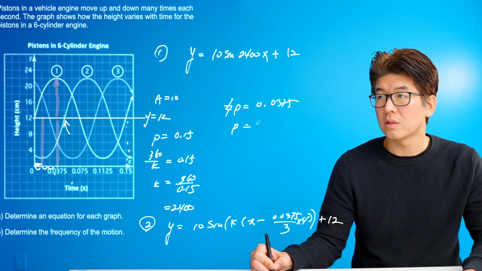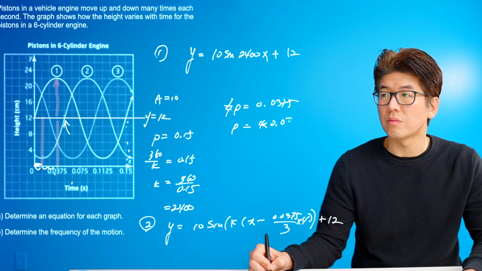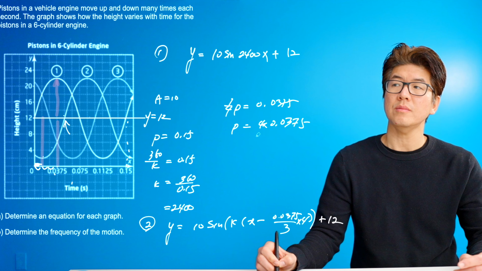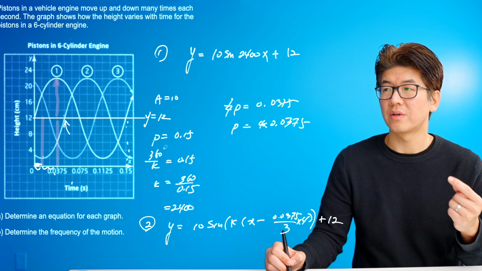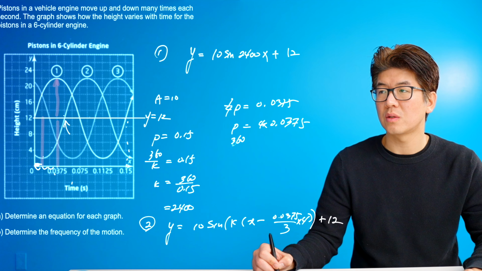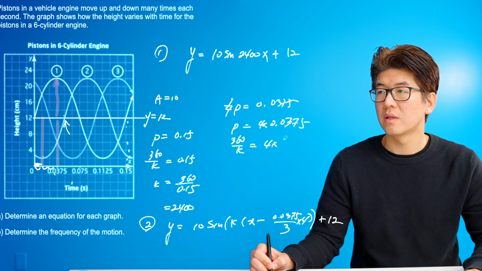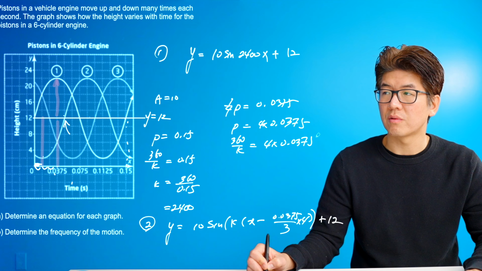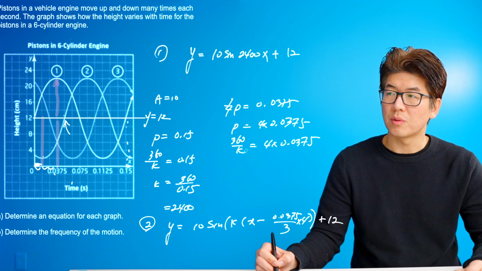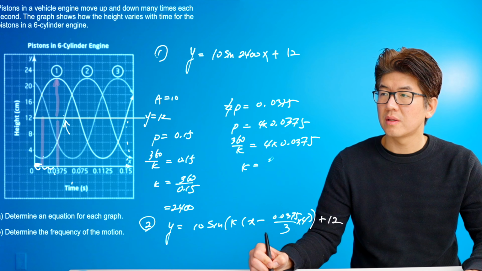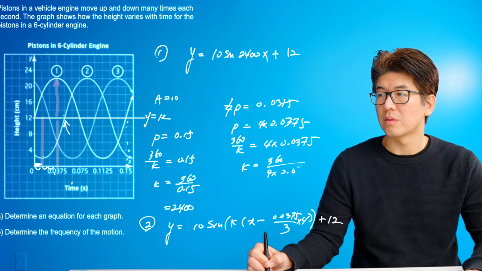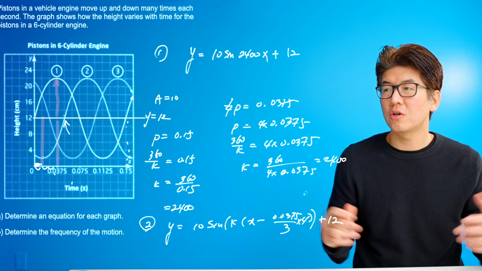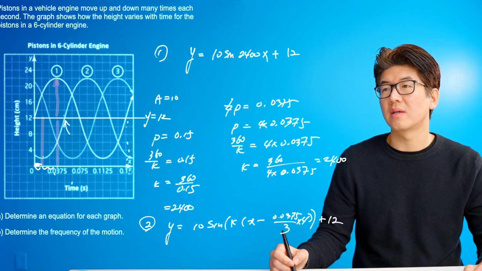So the period is 4 times 0.0375. And then K, going back to here, 360 over K is 4 times 0.0375. One more step: K is then 360 over 4 times 0.0375.